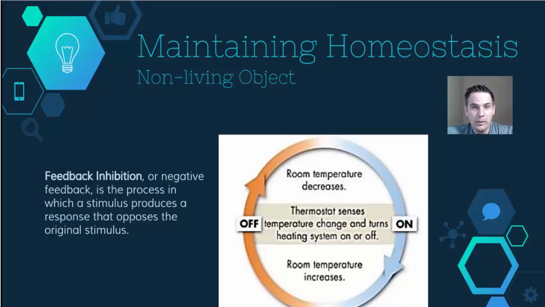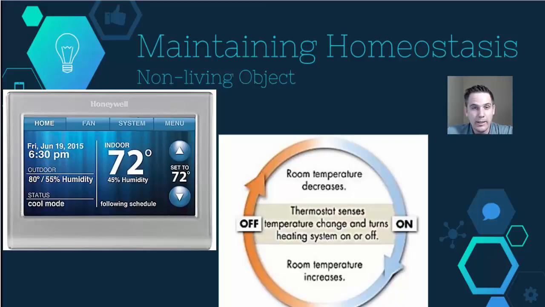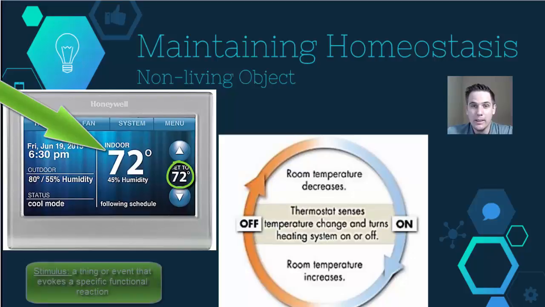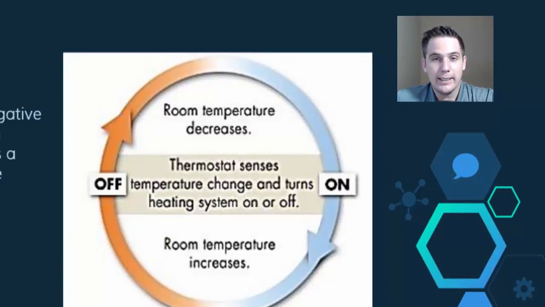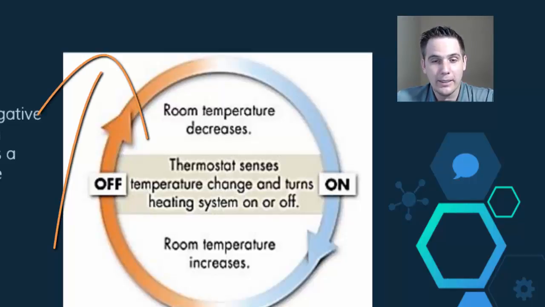So imagine you've got the thermostat on at home. The thermostat maintains balance. What balance? Well, whatever temperature you set, that's the temperature it's trying to maintain. But a number of stimuli are occurring to both push that temperature above the target and push it down below the target. So, as the temperature rises, the thermostat senses that stimulus, the temperature rising, and reacts by opposing that stimulus by pumping in cold air to bring the temperature down.